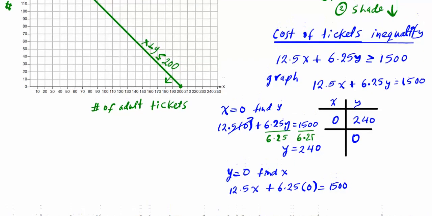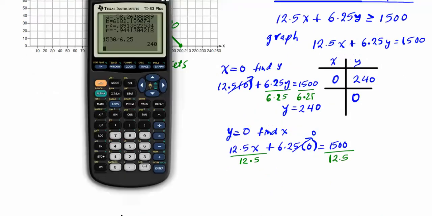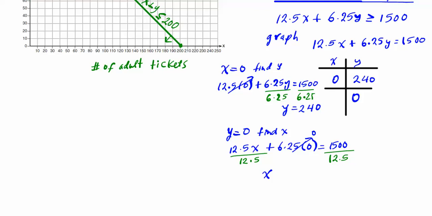Now this drops to 0, and then we divide both sides by 12.5, and then what do we get? Let's put that in our calculators. Calculator, 1500 divided by 12.5 is 120. So the x-intercept for the cost inequality line is going to be x equals 120.